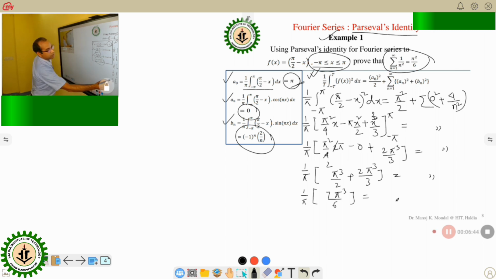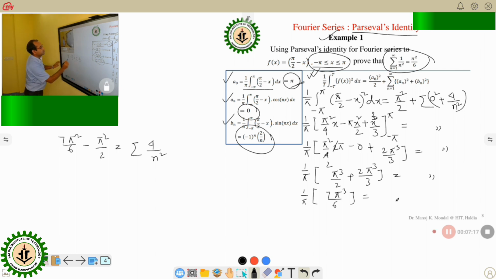So the left hand side here is 1 by pi, this pi cancels, that means the left hand side is 7 pi square by 6, minus from the right hand side pi square by 2, and the right hand side is summation 4 by n square.